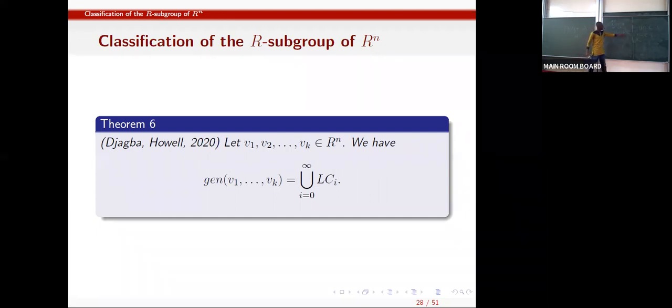But we assume that X is an R subgroup containing V1 to Vk. So if we multiply and then do the summation, it will still be in the group. So this element belongs to X. Therefore, it is an R subgroup, which is the smallest.